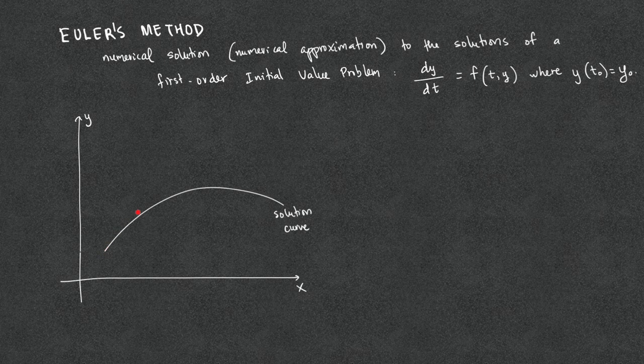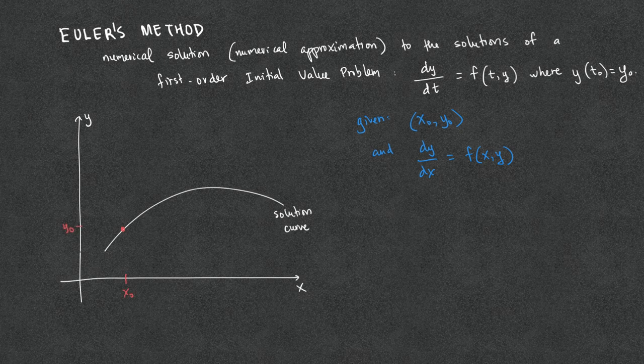Suppose we are interested in this solution curve, for which we cannot find an explicit formula, which is the solution to the differential equation. We are given the initial point (x0, y0), and the rate, which is the derivative in terms of x and y.